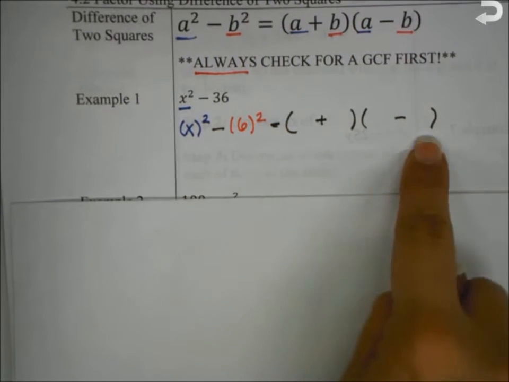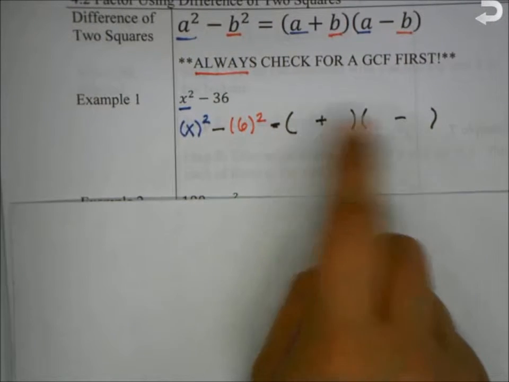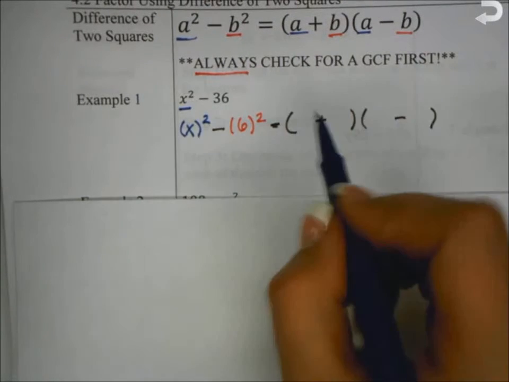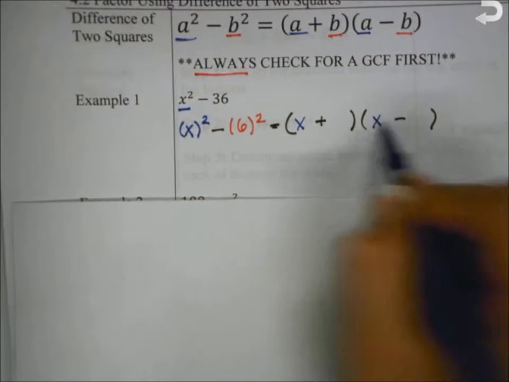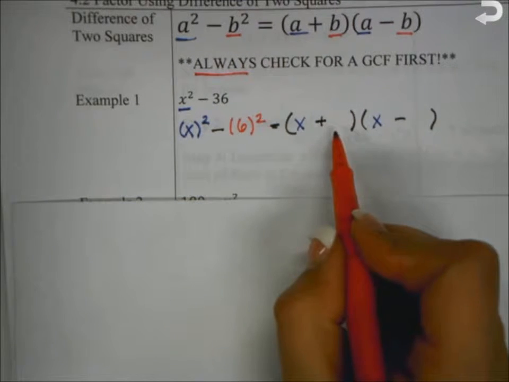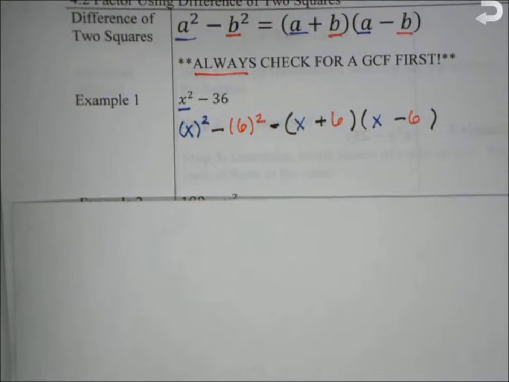In my first spot is the A term. What's the A term? X. So we just fill in X. What's the B term? 6. So we just fill in 6. That's your answer. This is factored. That's all you do. That's the answer.